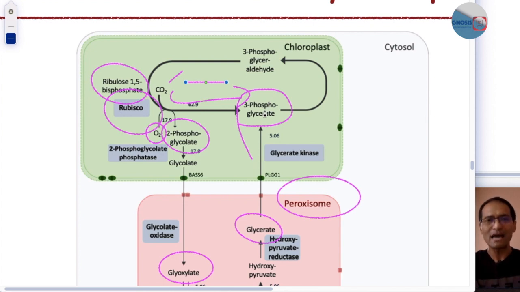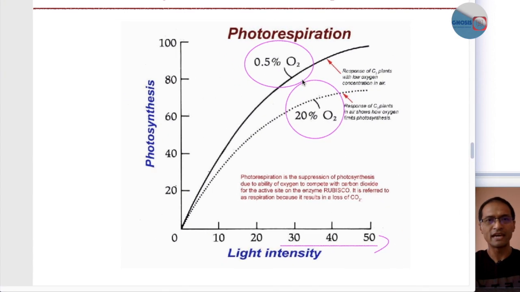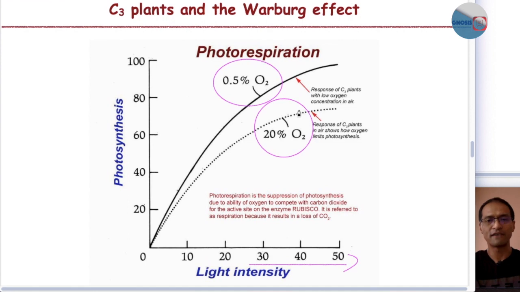Now when this happens, what you get is a decrease in the efficiency of the photosynthetic output, and that is what is reflected over here, which we term the Warburg effect.